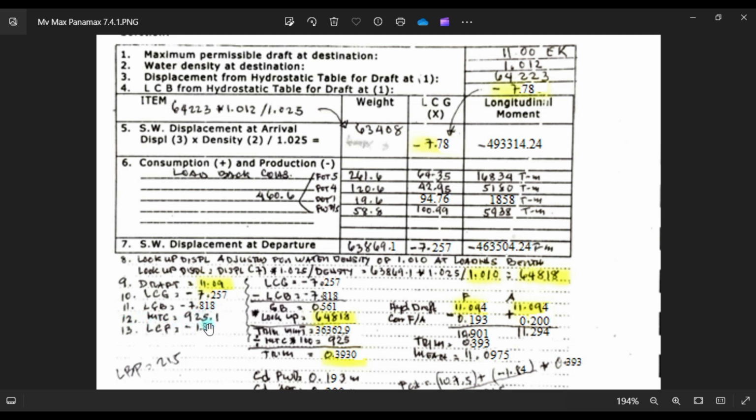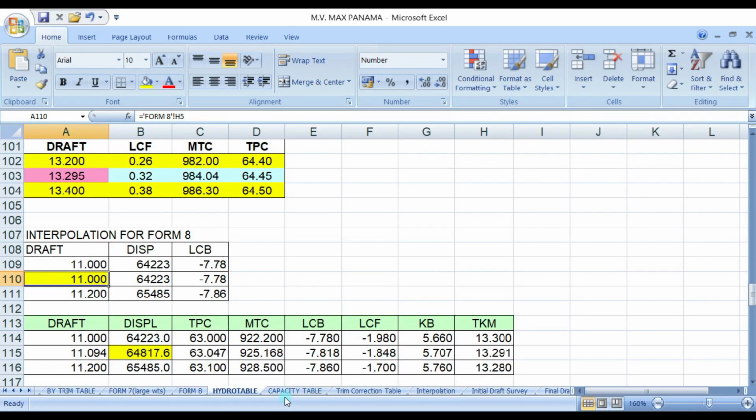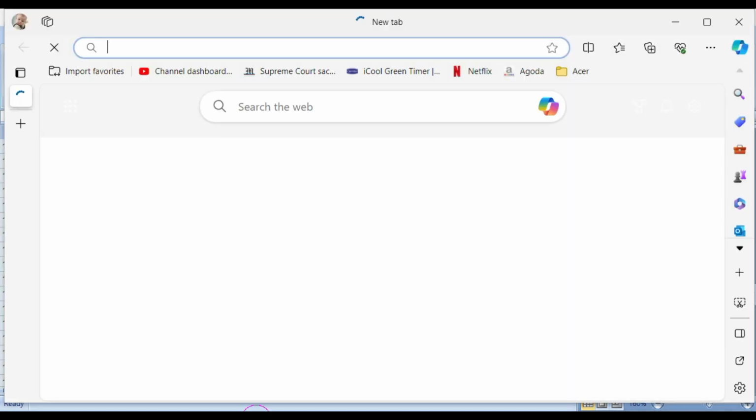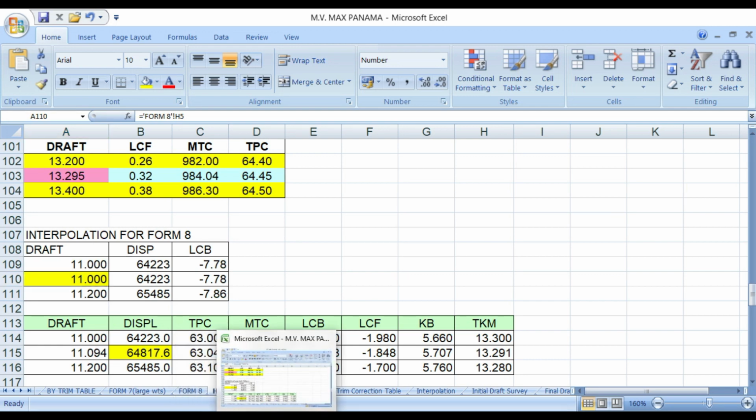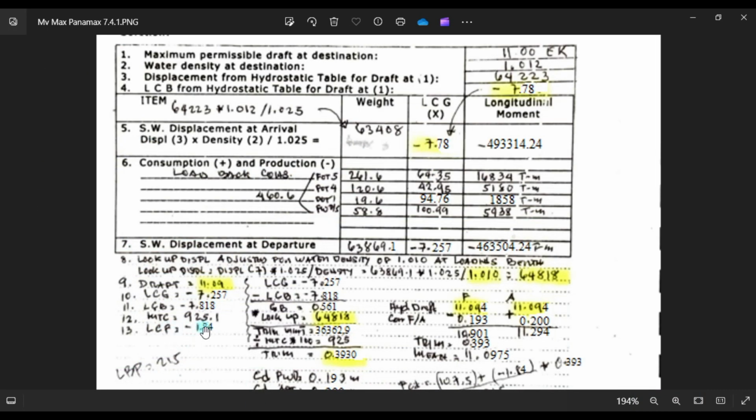And what will be the MTC of this draft? The MTC will be 925.161.